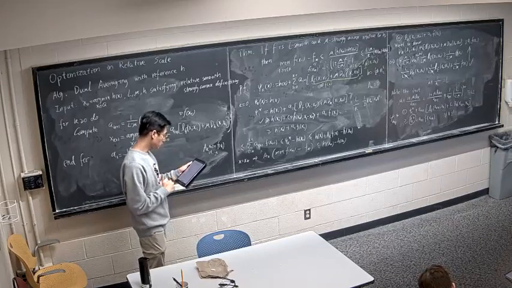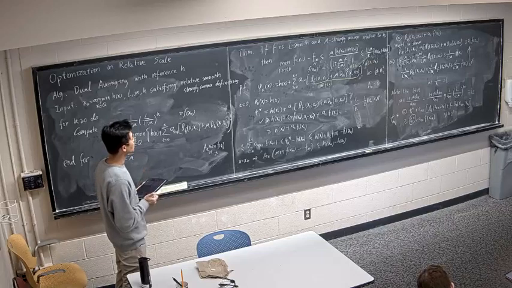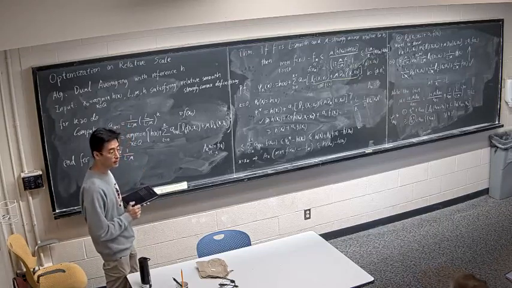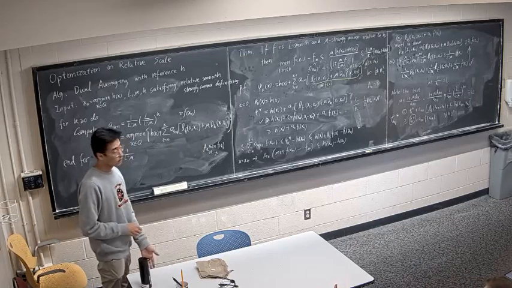Okay, I think that finishes the lecture on relative scale optimization. Any questions? Excuse me. So is there a generalization of what we have learned before?